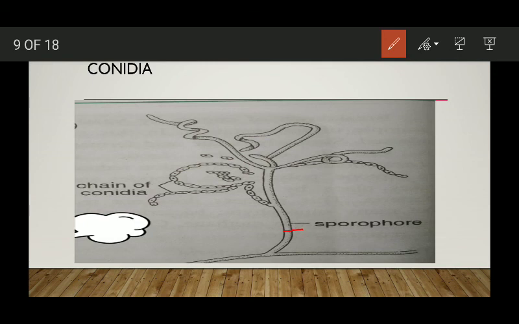This conidiophore bears chains of conidia in succession. They are attached to each other, and after maturation these conidia detach from the conidiophore and disseminate to various places, and each of them later germinates and gives rise to new bacterial cells.